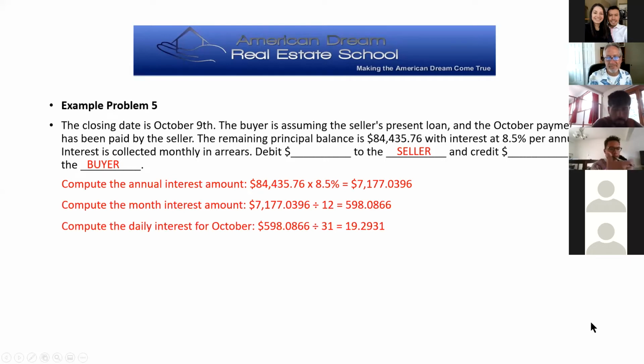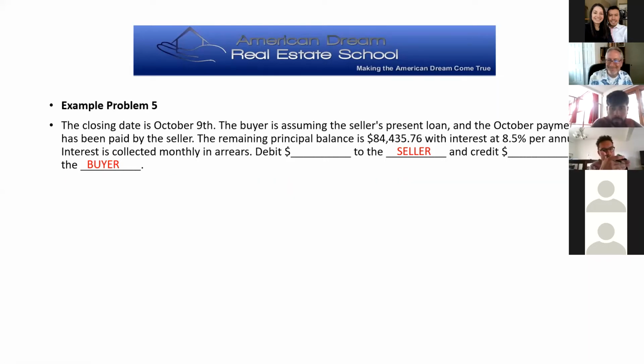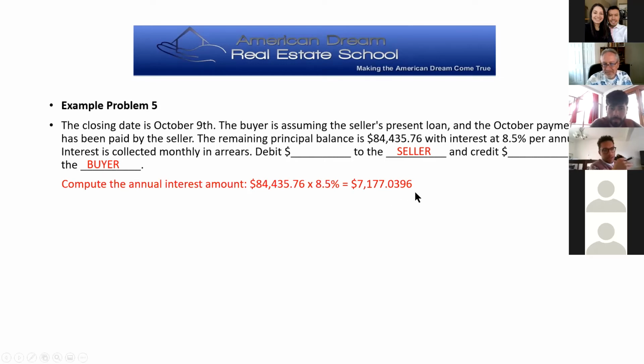So the first thing you do is you times 8.5% by 84,000, and that's your annual interest amount. So annual is a year. So then you divide that by 12. Oh, you got it. And then now you have a monthly.